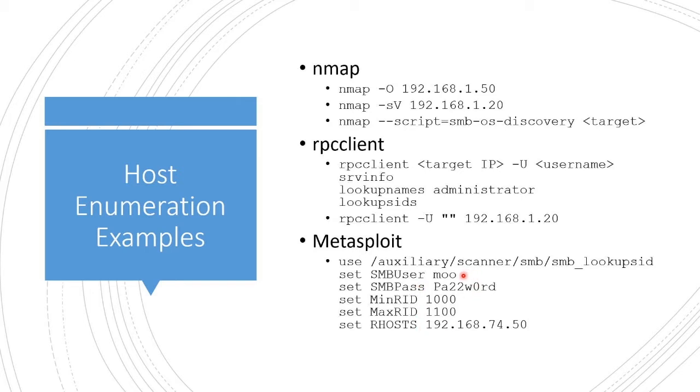I talked his name and password out of him at a bar last night. And then using Moo, I want to query the minimum and maximum number of relative IDs. In other words, tell me all the users starting with 1,000, which is the very first user-created user. Tell me the first 100 users that were ever created. And then you set the target. So these are just some examples of enumeration.